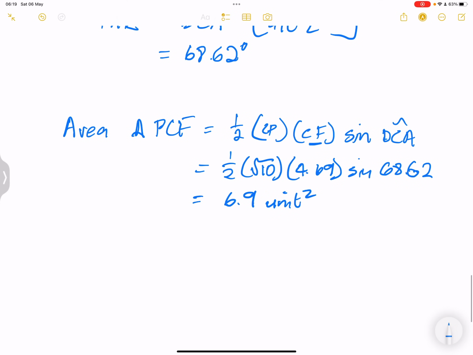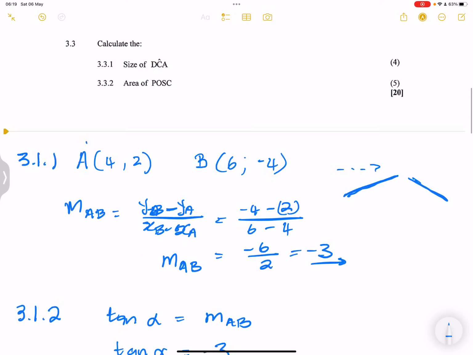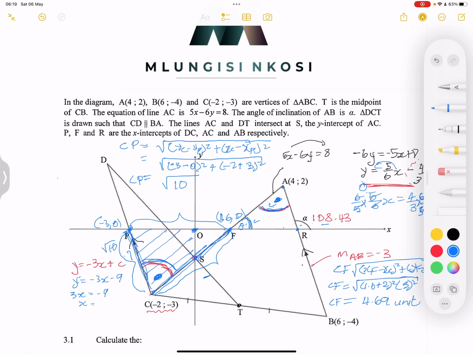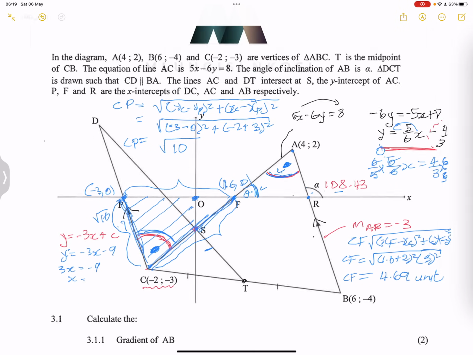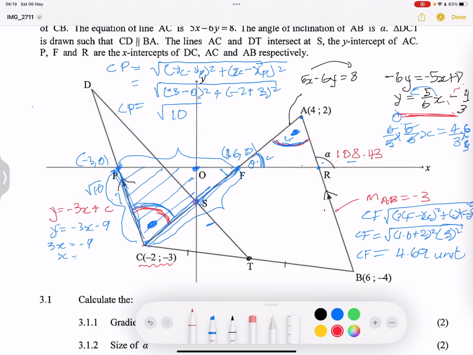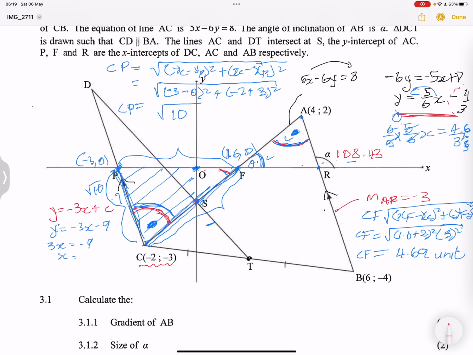Now, what do we need to do? We also need to find the area in this case of, so we found the area of the big triangle. So I am going to subtract from it the area of this smaller triangle here. Let me just use a different color again. So I'm going to subtract the area of the smaller triangle over here, right?